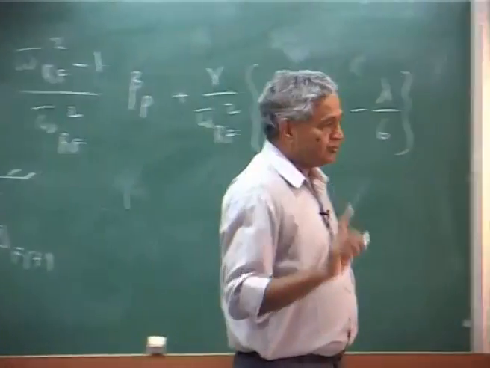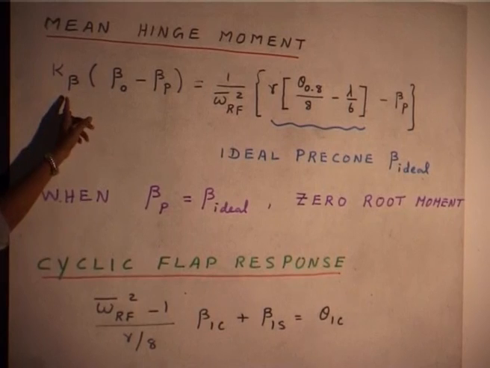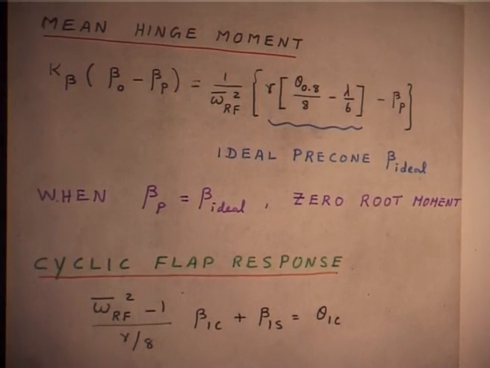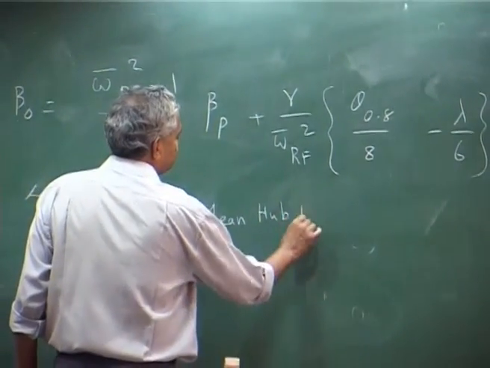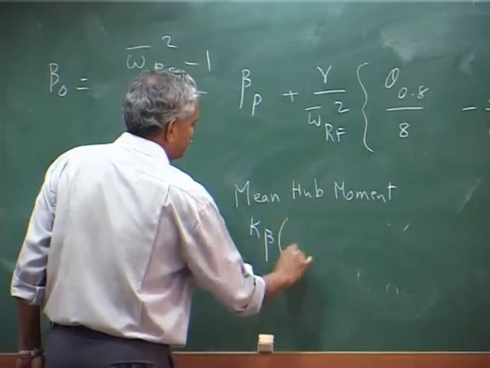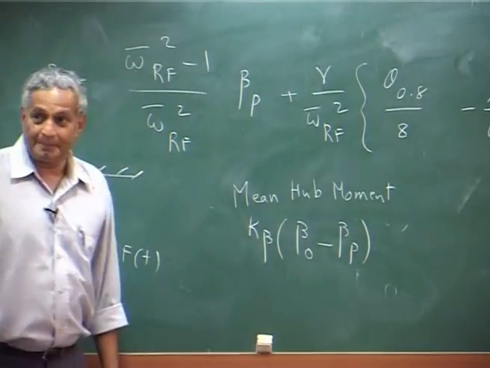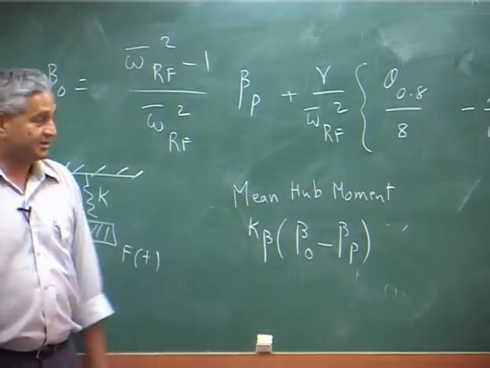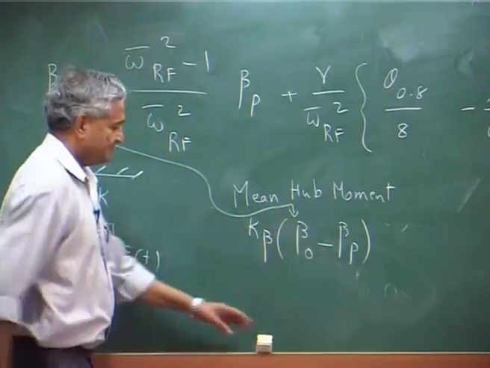I am taking the mean value, because I am not taking beta naught, 1c, 1s, otherwise I have to take k beta, beta minus beta p. Here I am taking only the mean part of it. So, the mean hub moment is k beta into beta naught minus beta p. This is the mean hub moment. Now, I substitute this beta naught here.